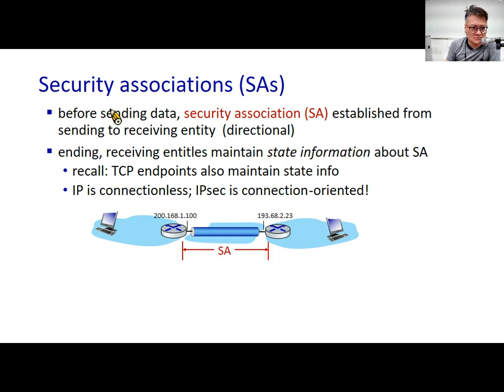Related to security associations: before sending the data, a security association, SA, is established from the sending to the receiving entity. You can see this from the source to the destination before the data is sent.